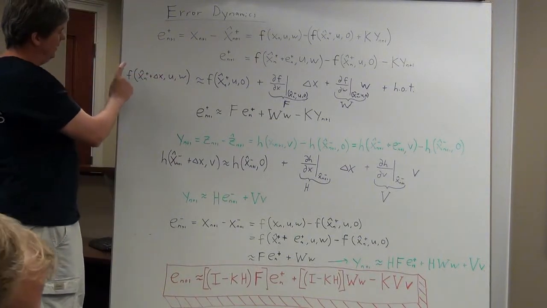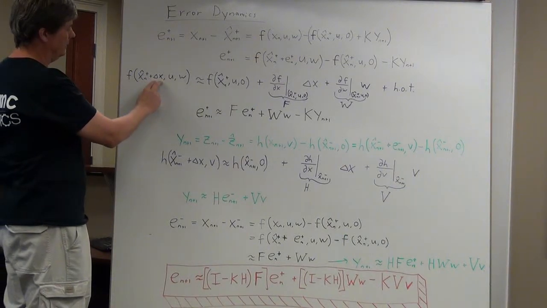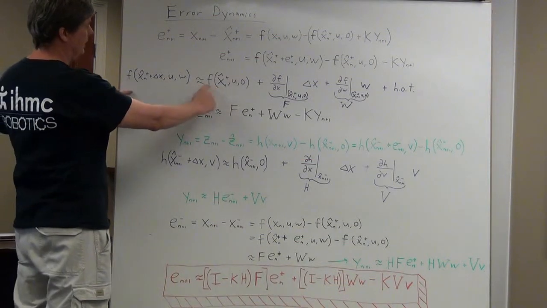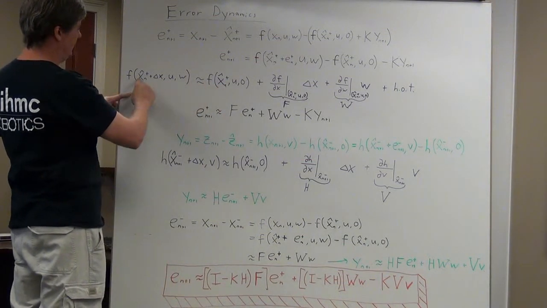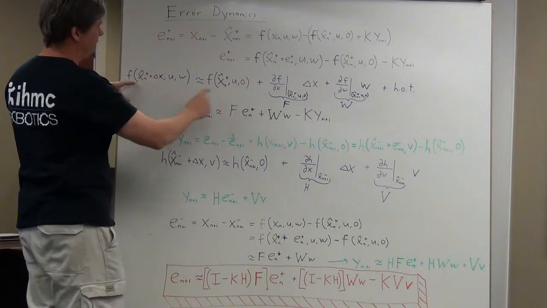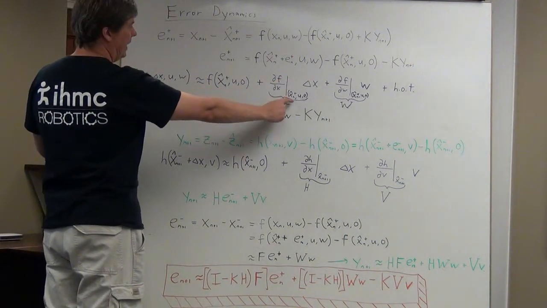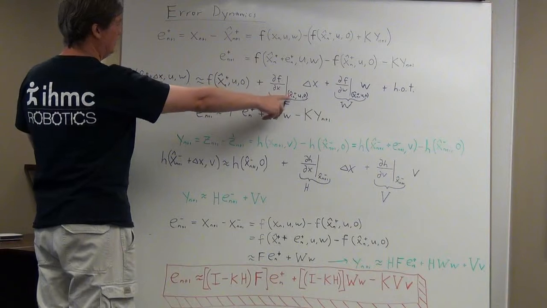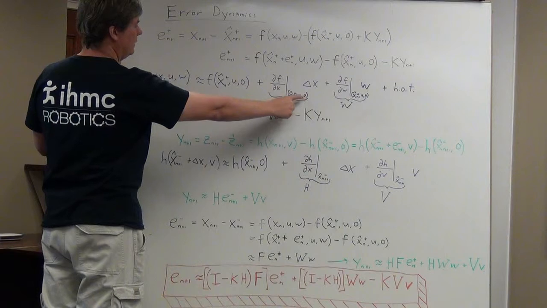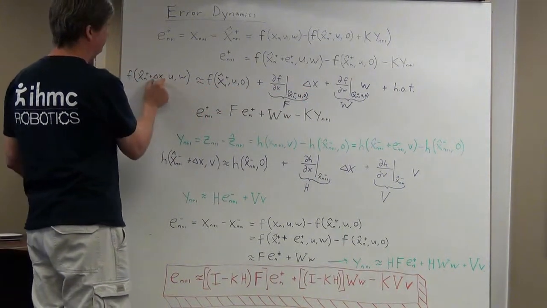If we look at f given x hat_n plus some delta x, u, and some w, that's going to approximately be f evaluated at x hat, u, and 0, plus the derivative of f with respect to its first parameter, x, evaluated when x equals x_n hat plus, u equals u, w equals 0, times this delta x.